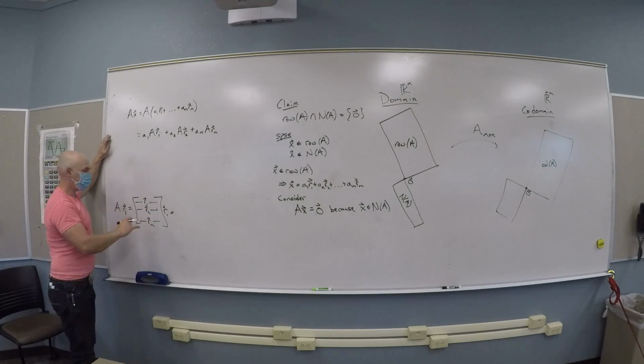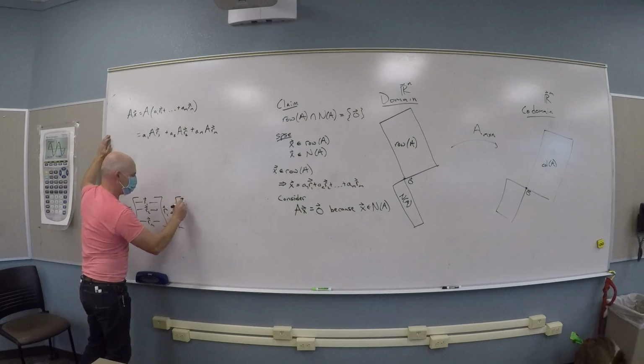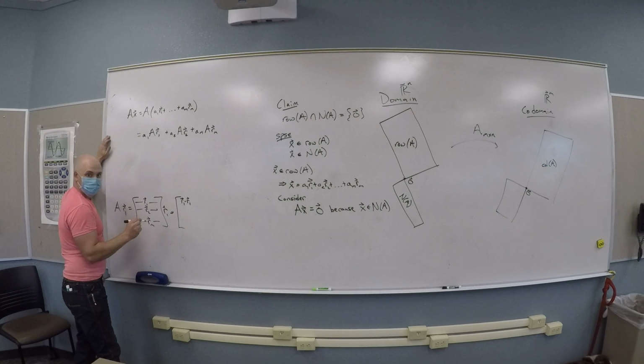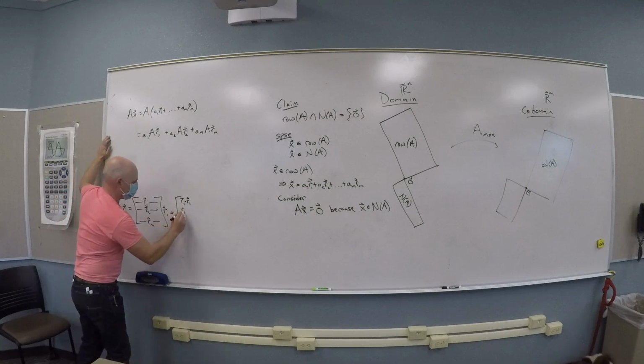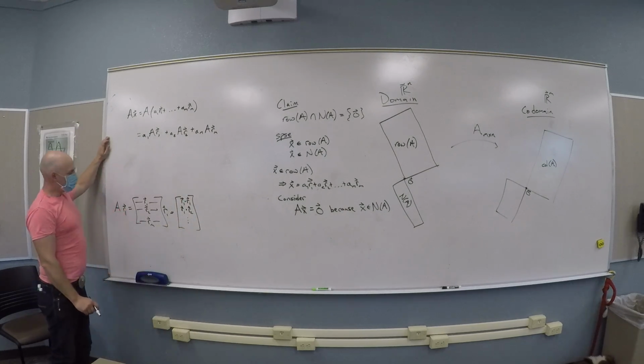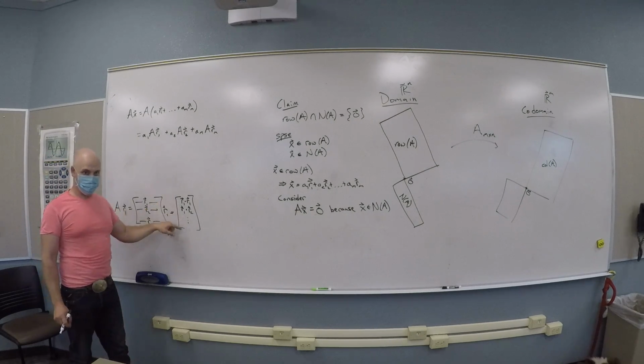If I do the row multiplication picture, that's going to give me R1 dotted with R1, R1 dotted with R2, and so forth. I don't really know what R1 dotted with R2 or R1 dotted with any of the rest of these is.